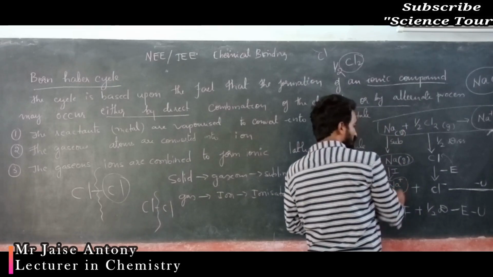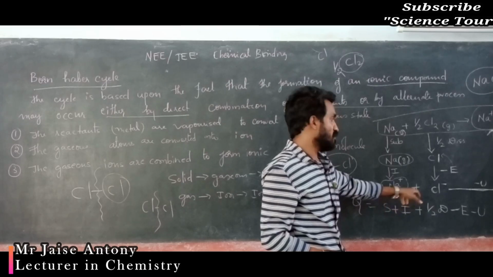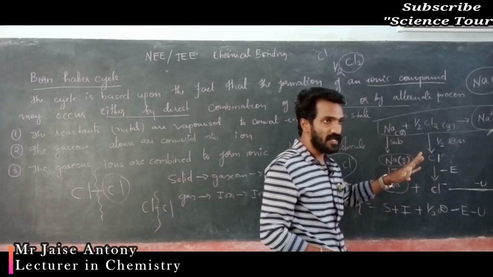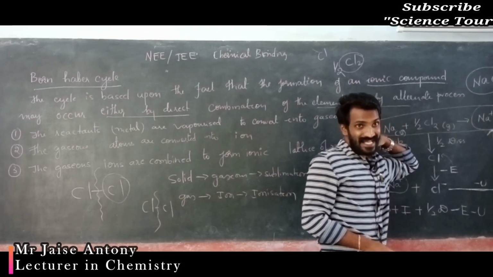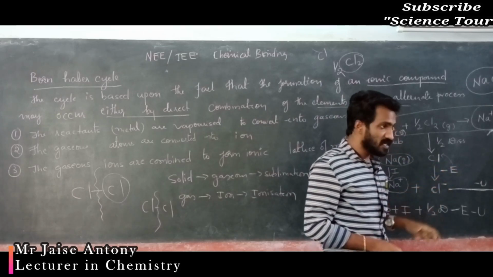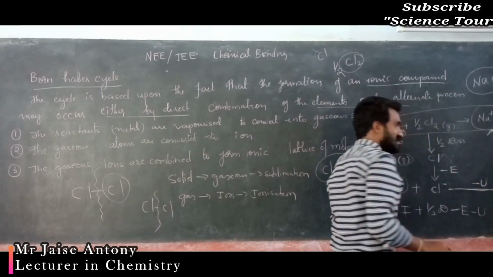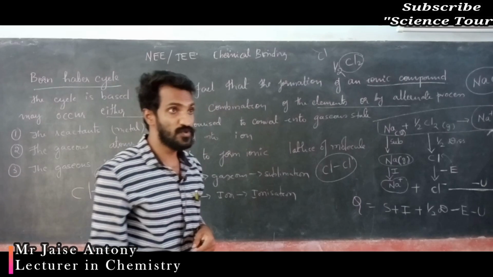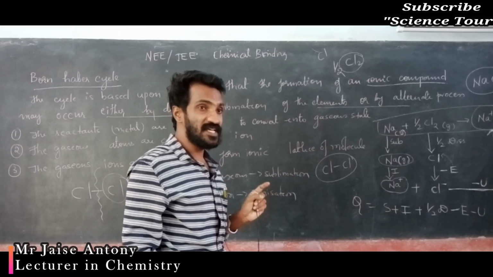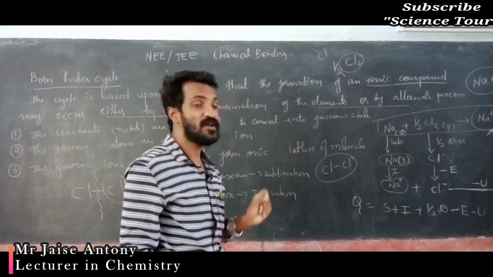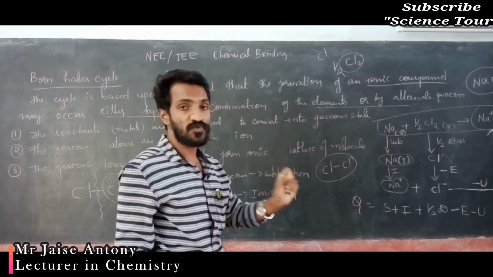Combination of 1 mole of sodium ion and 1 mole of chloride ion gives 1 mole of sodium chloride crystal lattice. During that time energy is released, and that energy released is called lattice energy. It is indicated by minus U, meaning the energy released during combination of sodium ion and chloride ion to form 1 mole of sodium chloride crystal.